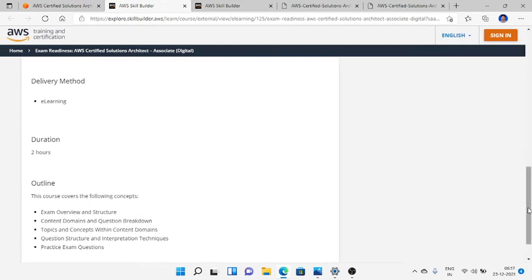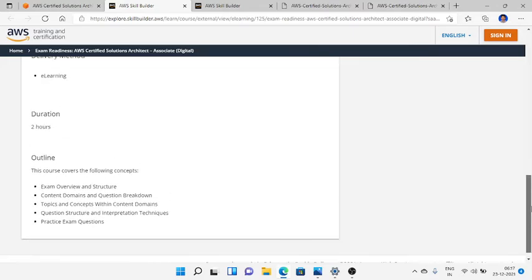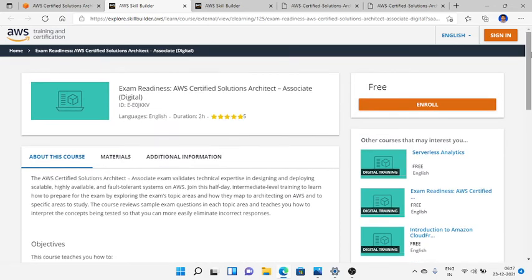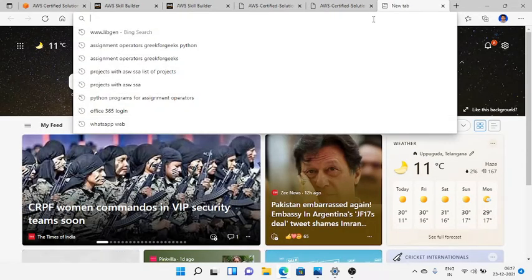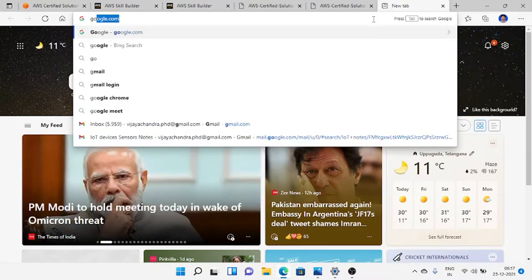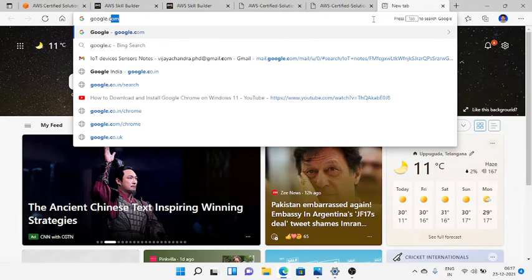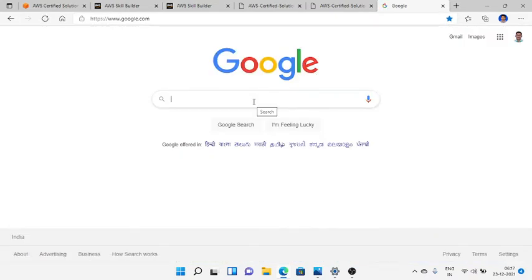Like that, there are 16 hour and 20 hour courses. Practice questions will be given, and training will be given on different topics. So this is all related to how to prepare for the exam.